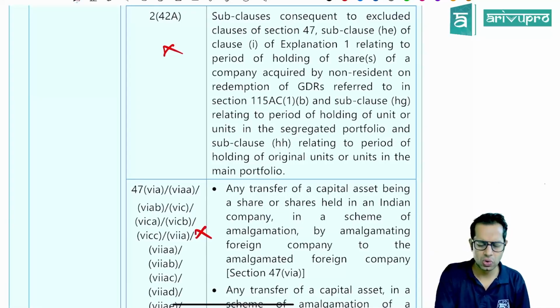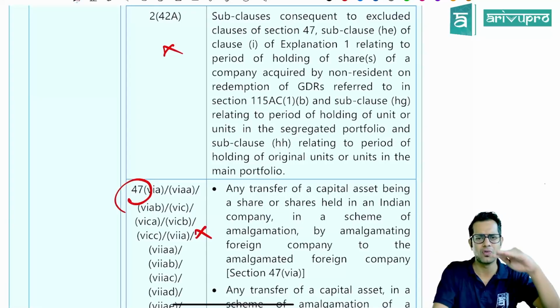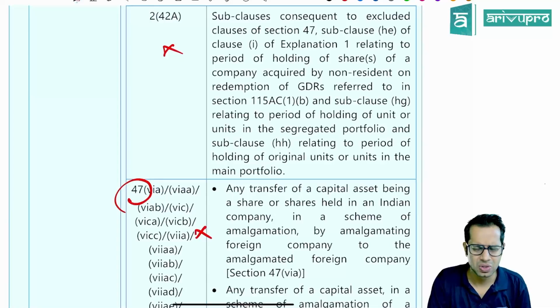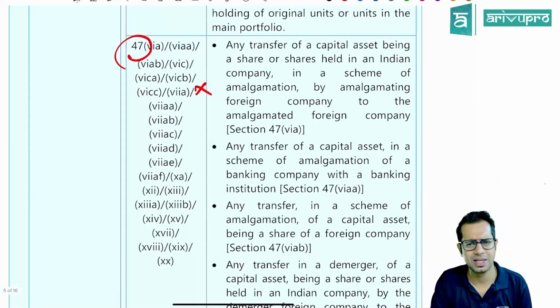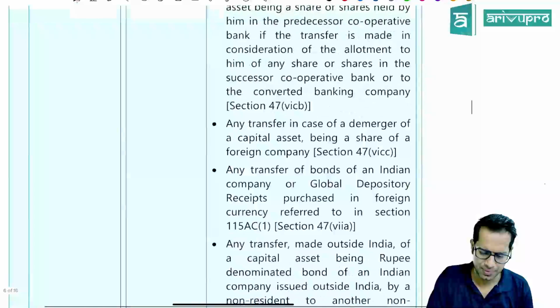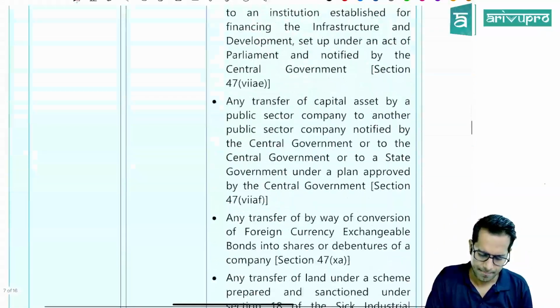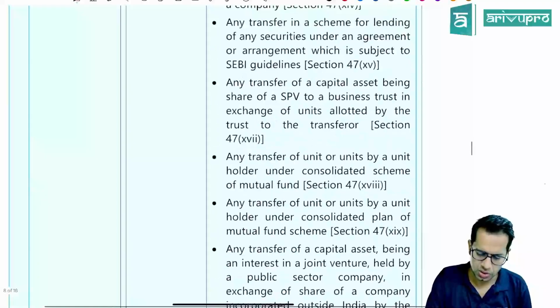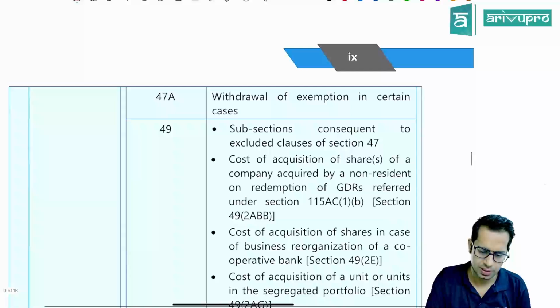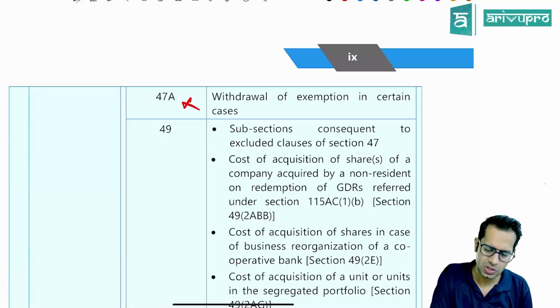Then no transfer cases. I have given a list of only around 8 to 10 items. I told you that many items are more than sufficient for you. The other items are not applicable at this level. See, they have given that entire list. Then withdrawal, exemption, etc. is not applicable to you.